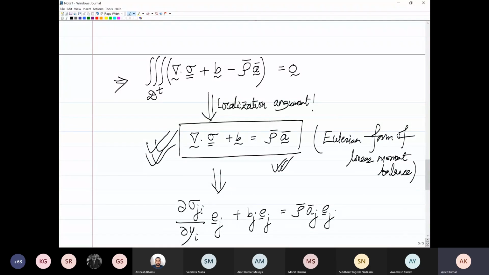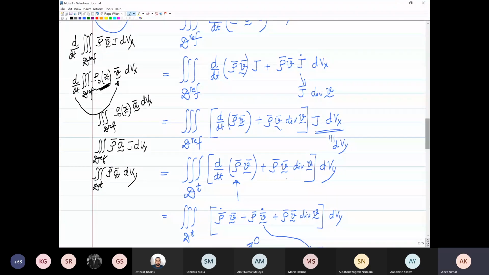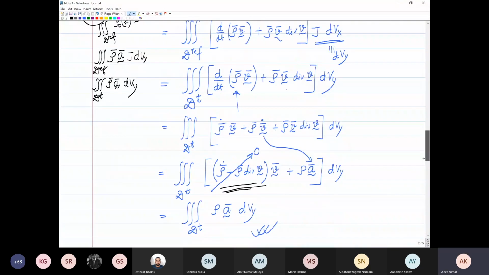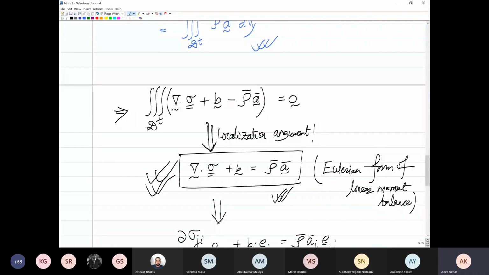Any questions so far? Yeah, Toiva is asking, sir, I might have missed, but what is the localization argument? Okay. So, when you're going from this dt and saying that the integrand is 0, basically, because it holds for every dt, you can say that the integrand is 0.